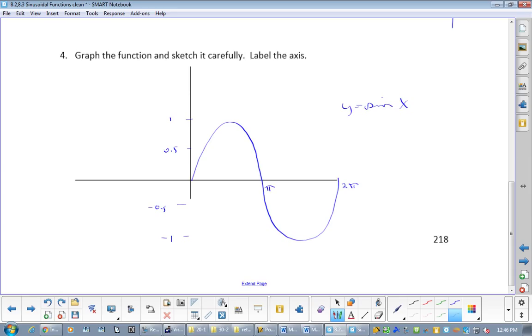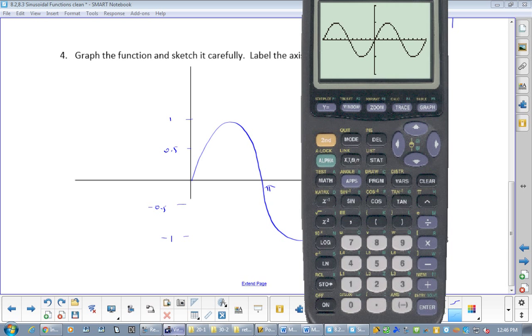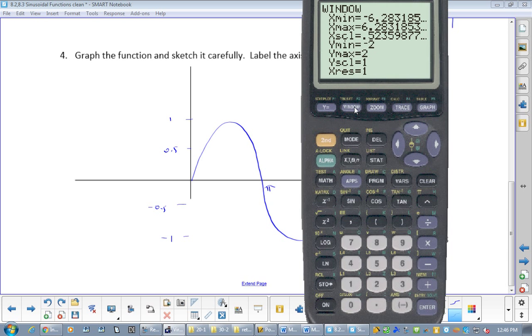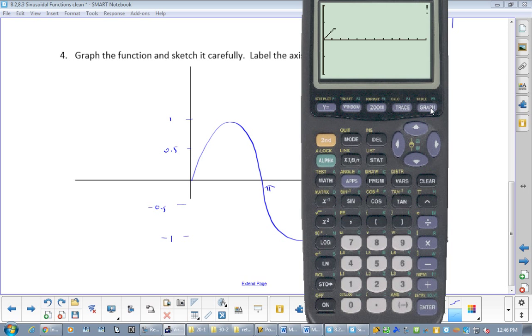So the Sine X graph, more specifically, I'm going to change my window to 0, because this will be one period of a graph, between 0 and 2 pi. I just changed my x min to 0. So now I'm between 0 and 2 pi. It kind of looks more like this graph.